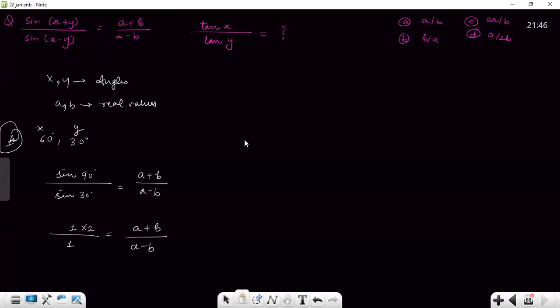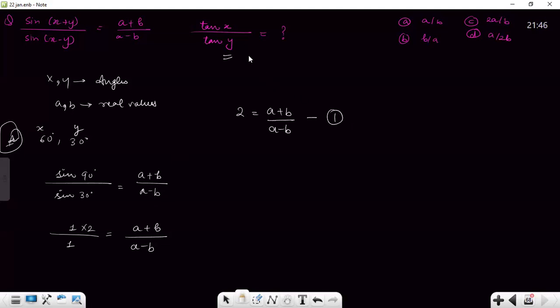Great. So this comes out as 2 equals a plus b divided by a minus b. This is what we found. Let's call it equation number 2.